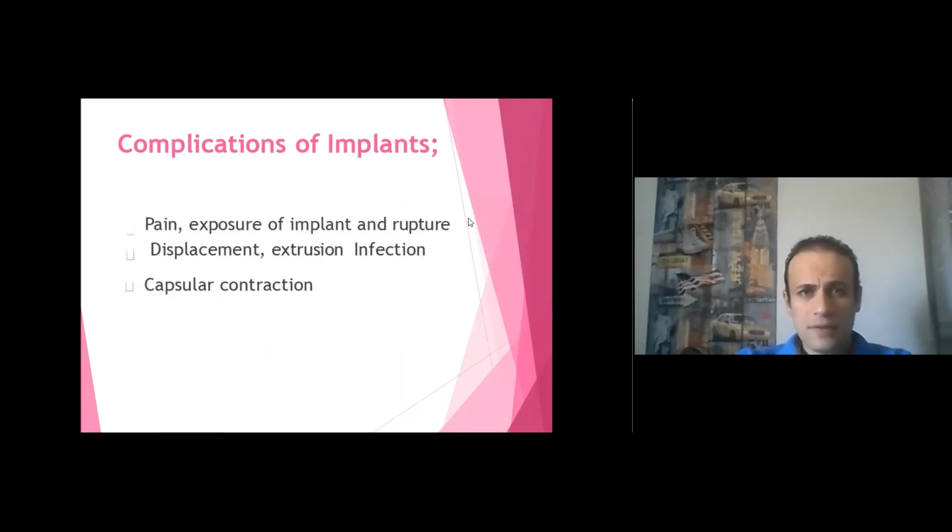Complications of implants: pain, exposure of implant, rupture, displacement that moves through the axilla, infection like a foreign body, and capsular contraction.